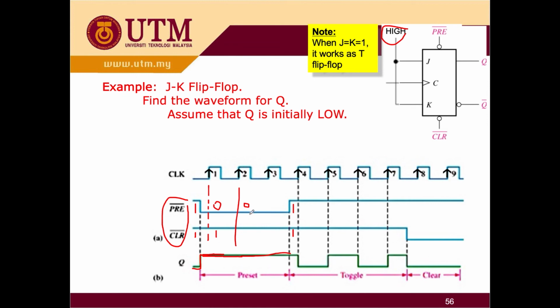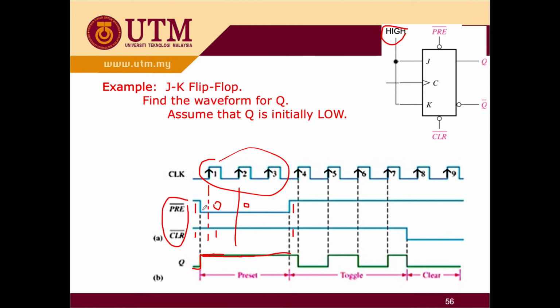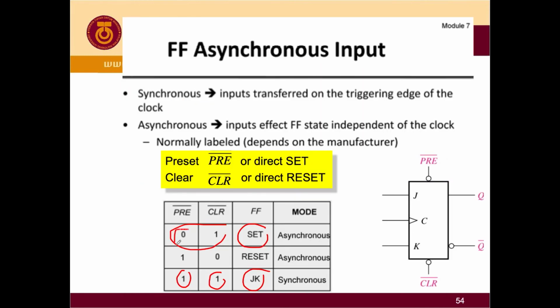Over here, you no need to see your clock on your JK truth table, because you always depend on the value of preset and clear, and this one is your output. If preset is 1, your output will be reset. If your preset is 0 1, you're going to have set. But when you have 1 1, you're going to get your JK truth tables.